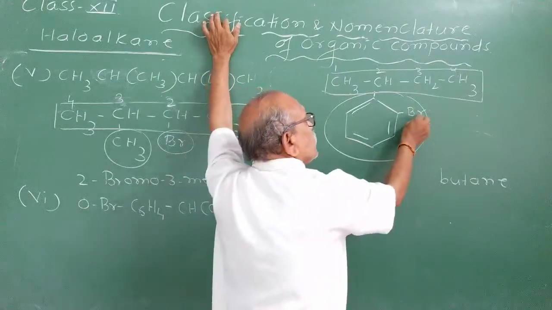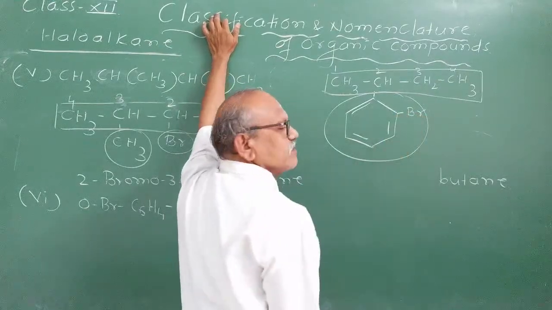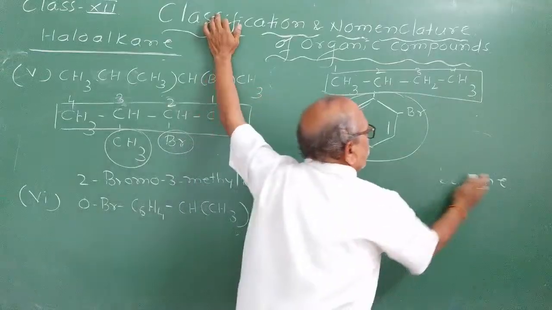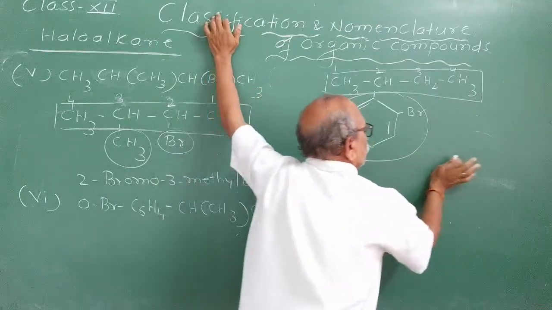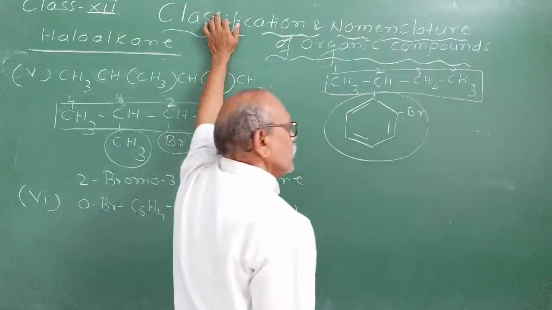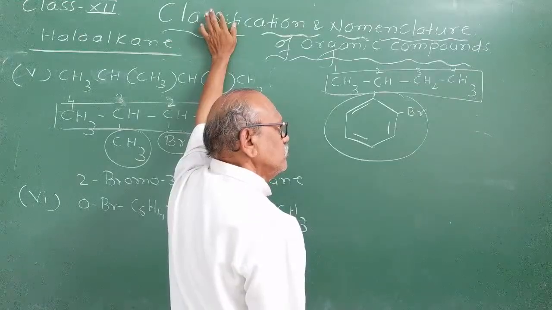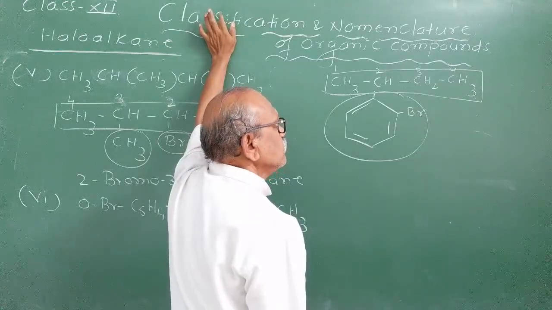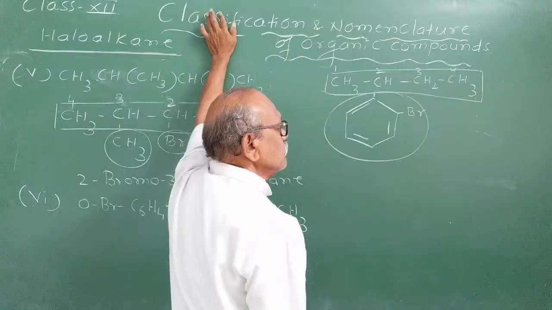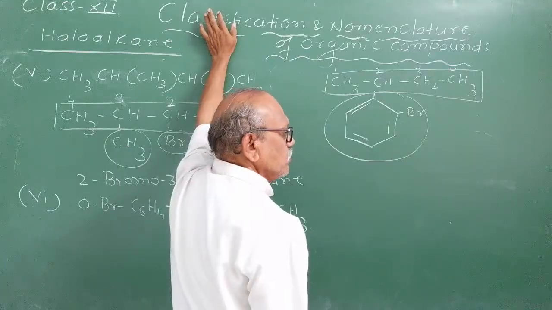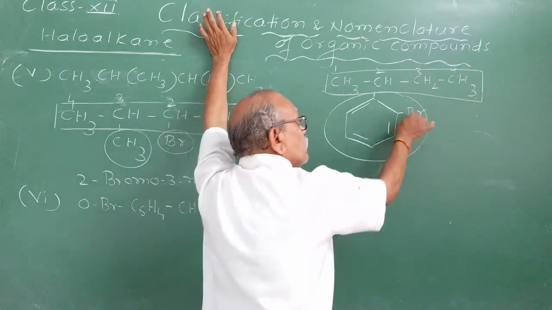But the halogen atom is linked to the benzene nucleus. The bromine atom is linked to the benzene nucleus.